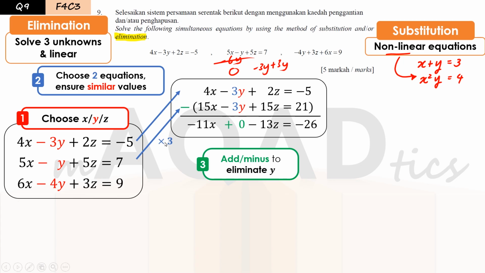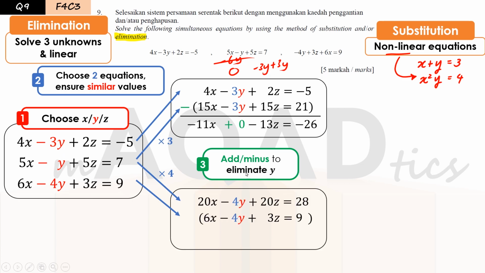For the second round, we are going to choose the second equation and the third equation, and we make sure that the y values are similar. Again, we just need to manipulate one of the equations only, which is this one. Because here it's 4, I need to multiply the entire equation here with 4.